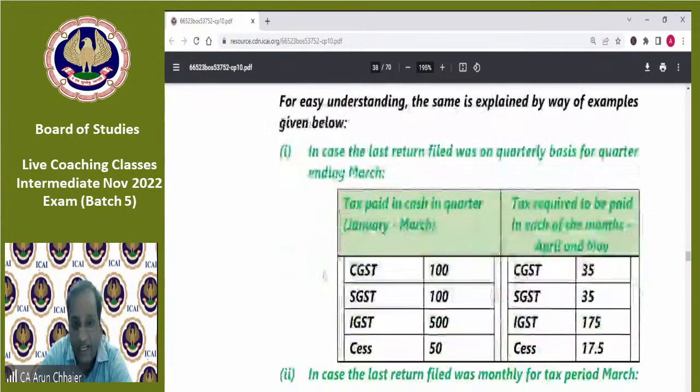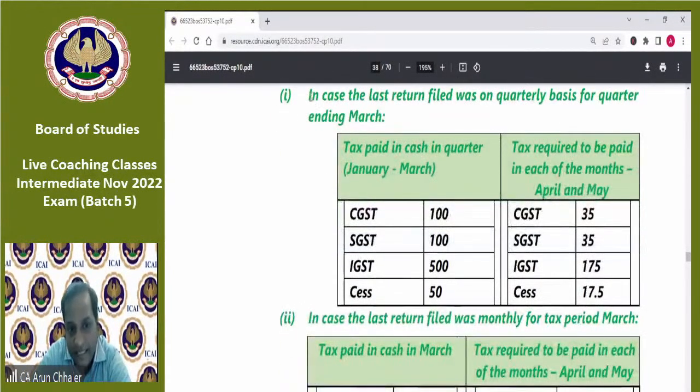For easy understanding, let's discuss the example from the study material. In case the last return was filed quarterly, and what was the tax paid in that quarter? 100 rupees CGST, 100 SGST, 500 IGST, and cess is 50 rupees.